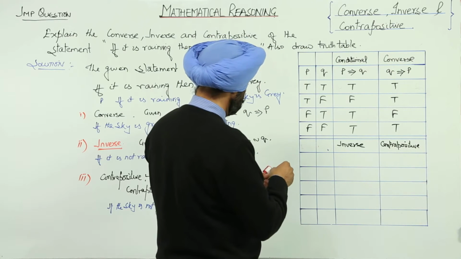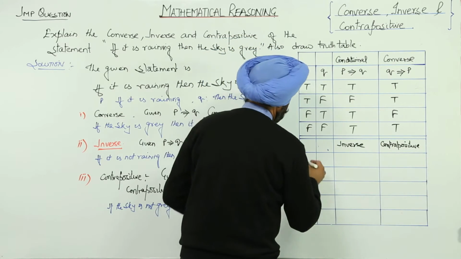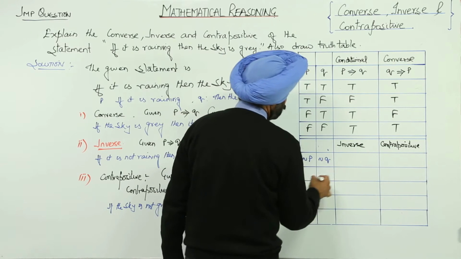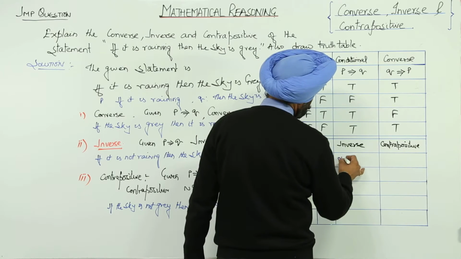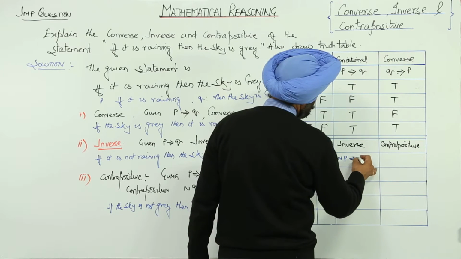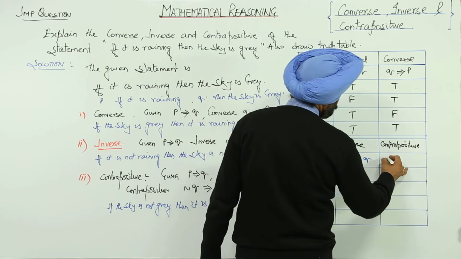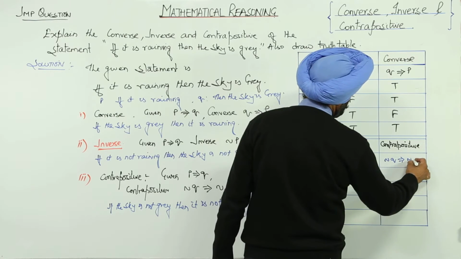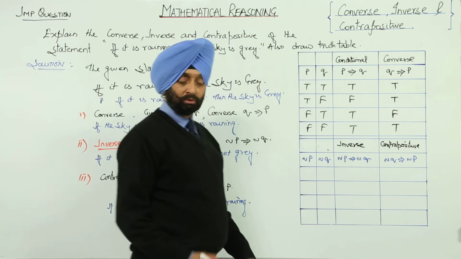Now negation of P, negation of Q. Now inverse is negation of P implies negation of Q, and contrapositive is negation of Q implies negation of P. Okay.